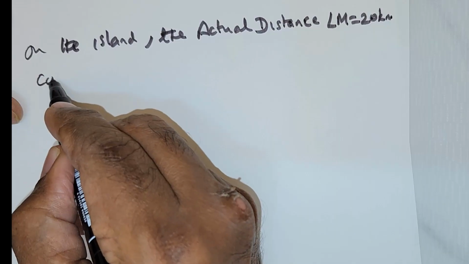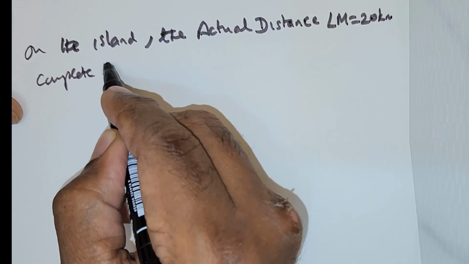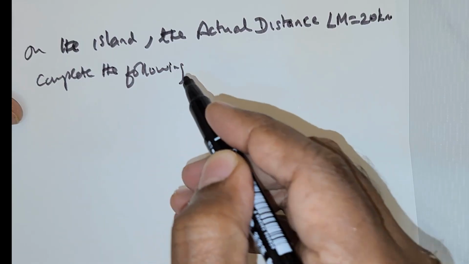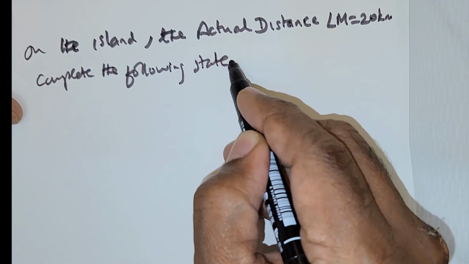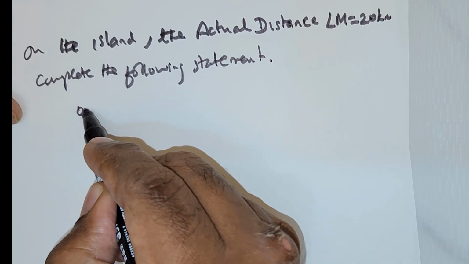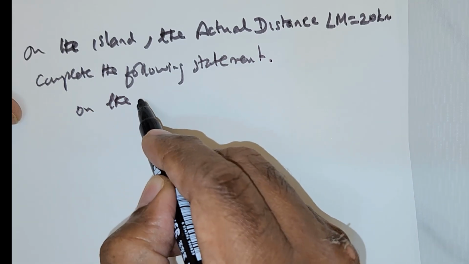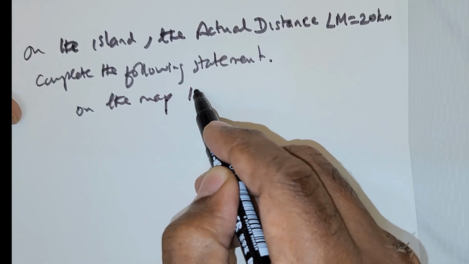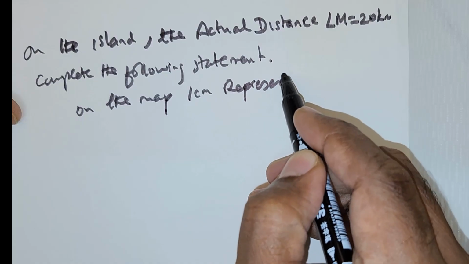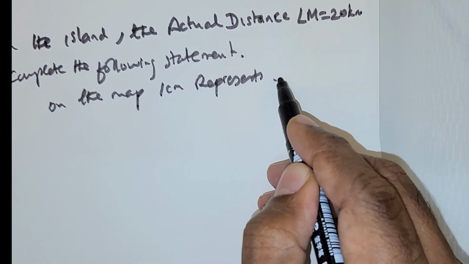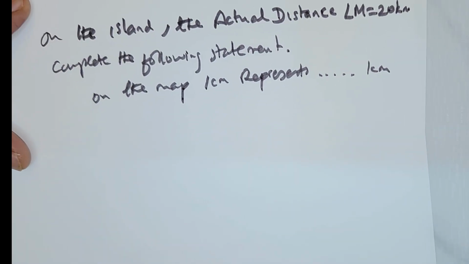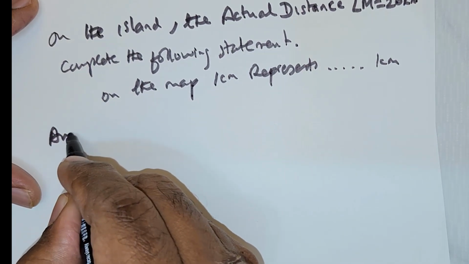Now we are asked to complete the following statement. So what is the statement? On the map, 1 cm represents dash km. So we have to get this.